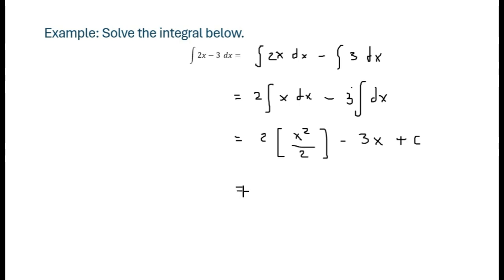We can clean up the first term a little bit, and we get x squared minus 3x plus c. Very simple. I just did it step by step, but once you get more comfortable with integrals, you can go from here to here in a single step. I just broke it down so you can see every step.